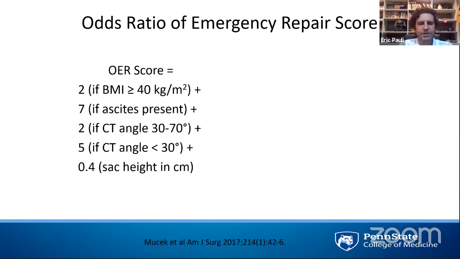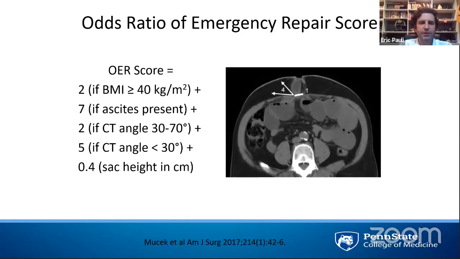You can also predict emergency hernia surgery from these. If you look at this OER score, the odds ratio of emergency surgery, you need some clinical information, like the patient's BMI, and you have to look at the CT scan for ascites. Then you measure the angle that the hernia sac comes off in relation to the anterior fascia. You get 2 points if the angle is 30 to 70, and 5 points if the angle is less than 30.